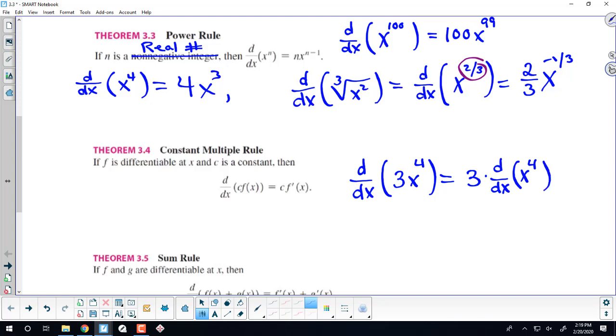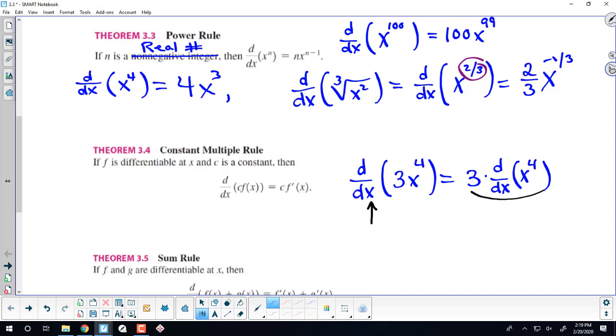With this notation, like we said, this means take the derivative with respect to the variable x. You've got two things being multiplied. One of those things doesn't have an x present, so the derivative doesn't affect the 3 multiplying the x to the fourth. The derivative operation only affects the x to the fourth itself. Again, we see that here in this step.